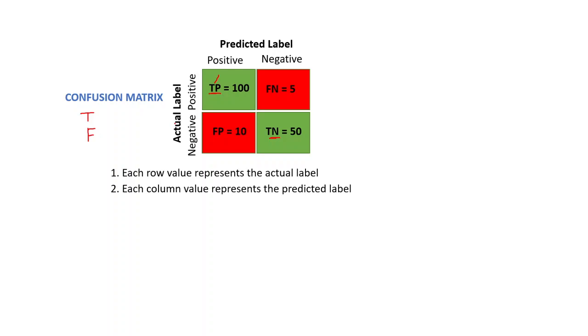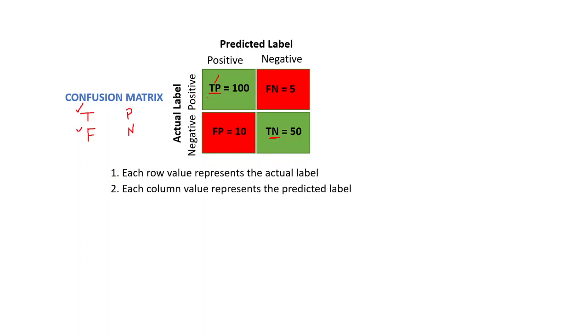And the right hand side says it's either positive or negative. When the row label and the column label for a particular cell match, the left hand side value is true. When they don't match, the left hand side value becomes false.